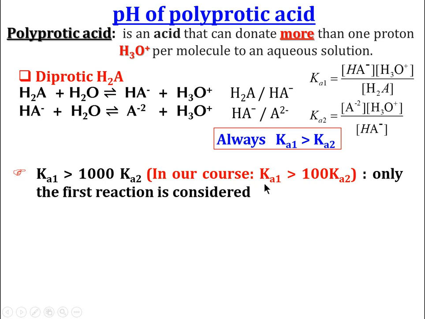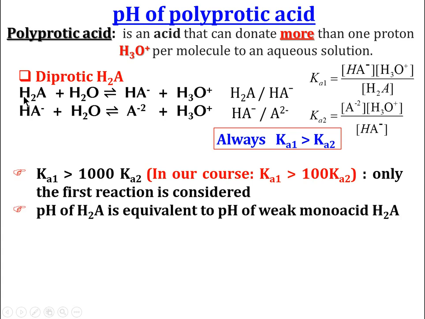If Ka1 is greater than Ka2 by 100 times, that means we consider only the first reaction and we neglect the second. So in this case, the pH of the H2A solution is equivalent to the pH of H2A by supposing H2A is a weak monoacid as HA.